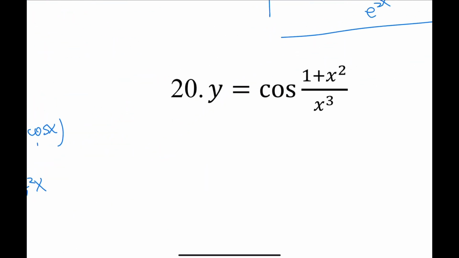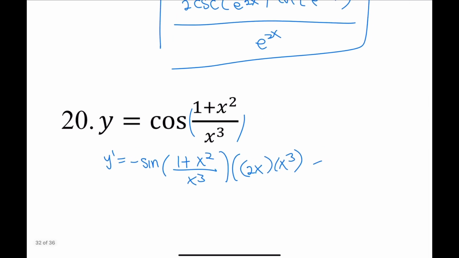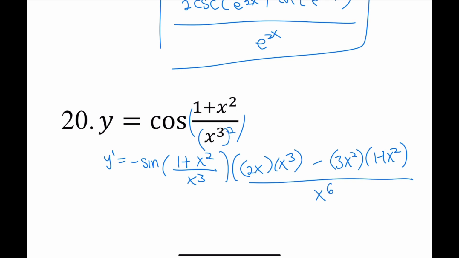We'll go back later. Okay, y prime for 20 is negative sine, there should be a parentheses here, sine of 1 plus x squared over x to the 3rd power, and then for the chain rule of this, we need to do the quotient rule for this one, so 2x times x to the 3rd minus 3x squared times 1 plus x squared, all over x to the 6th power.